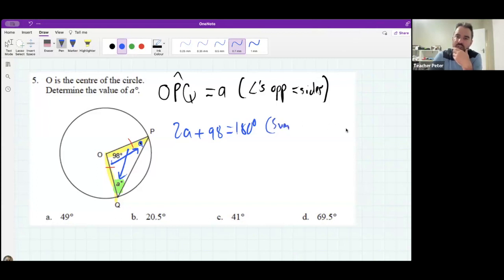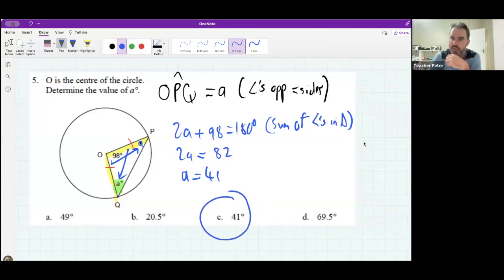But over the course of the series, we want to start to get used to them. And then we know, if we take away 98 from both sides, we should get 82, and then A would be 41. And so the correct answer would be 41, which is C.